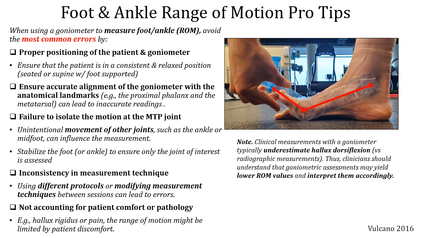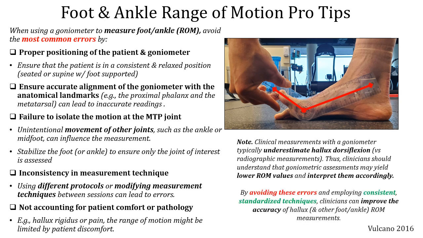Prime example, clinical measurements with a goniometer typically underestimate hallux dorsiflexion as compared to radiographs, and thus the clinician needs to know that their range of motion values may be underestimating the true actual numerical value of what the hallux can actually do, and interpret the results accordingly. And so by avoiding these errors and employing consistency and a standard operating procedure and techniques, we as clinicians can improve the accuracy of our hallux as well as our foot and ankle measurements.